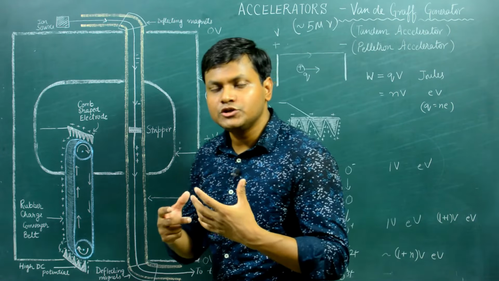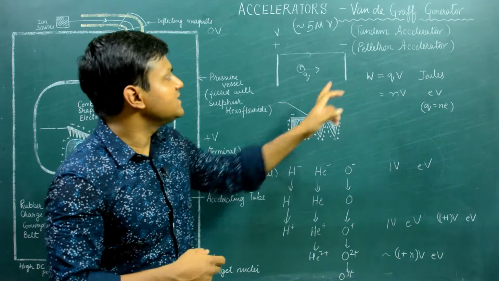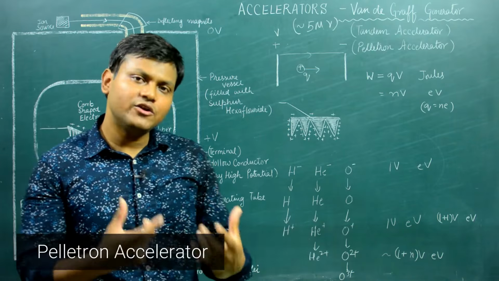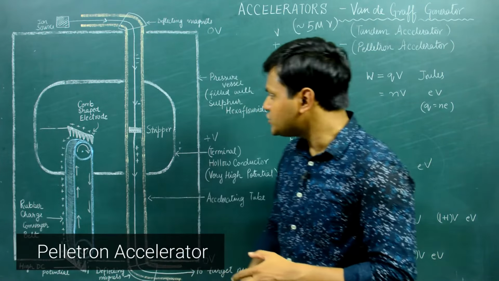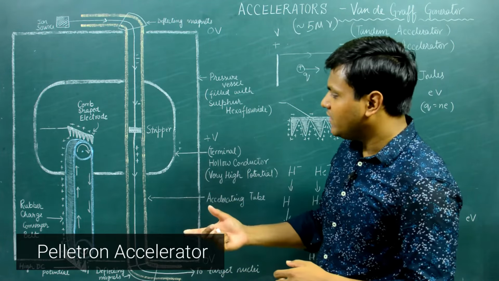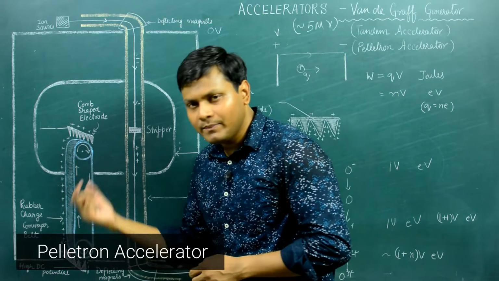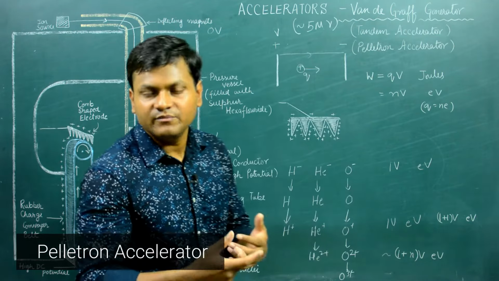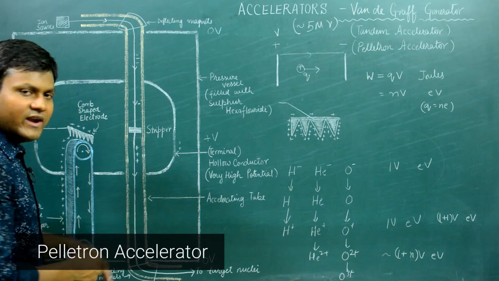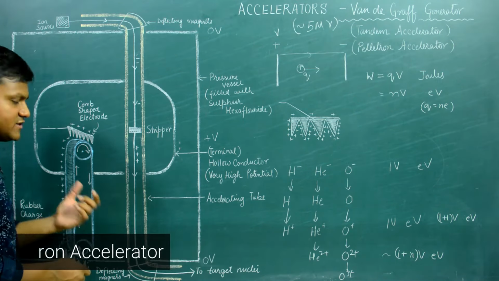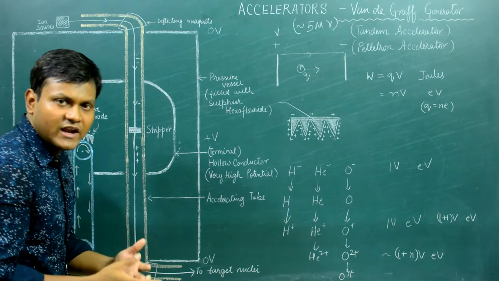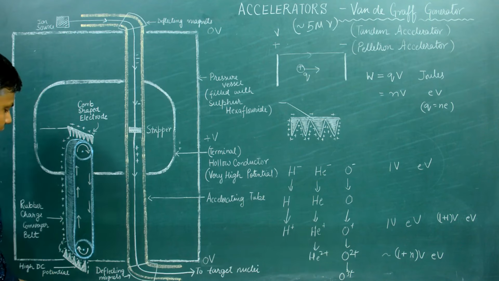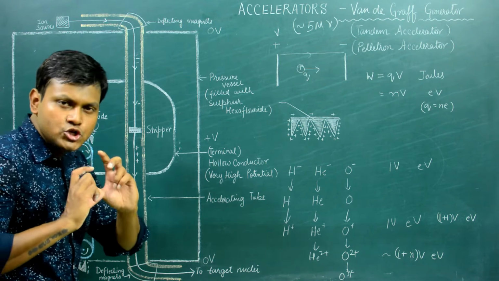Another alteration to these tandem accelerators is known as the Pelletron accelerator. Pelletron accelerators are distinguished from normal tandem accelerators in that the conveyor belt is made of a different kind of material. In normal Van de Graaff generators, the conveyor belt is made of rubber or fabric, but in the Pelletron accelerator, the conveyor belt is actually a chain.